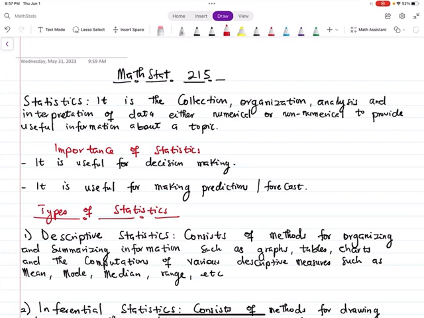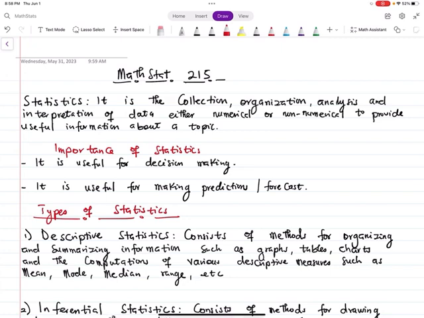The data could either be numerical or non-numerical, and that would help us provide useful information about the topic. So statistics is very, very important in real life. It helps us to make useful decisions, and also helps us to make future predictions or forecasts.